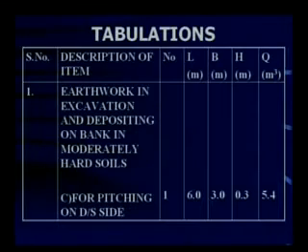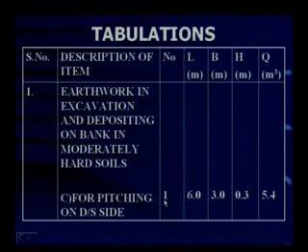Yes, here it is. Now we are doing the item C, earthwork in excavation and deposition on bank. That means this is a quantity where earthwork is done and excavated material is to be deposited elsewhere, right? This is item number C, where pitching for apron on the downstream side is done.